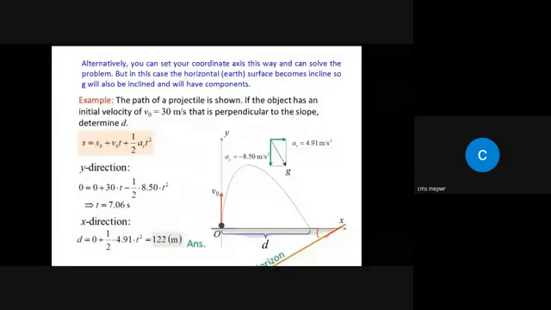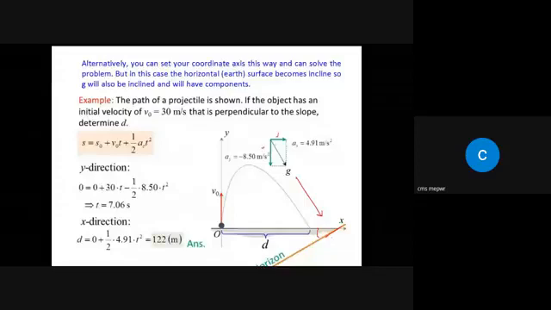Do you understand? Yes, sir. Okay, but this g is perpendicular to this surface, right? So g can have two components, ax and ay.